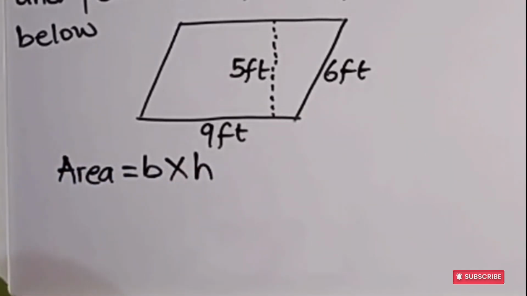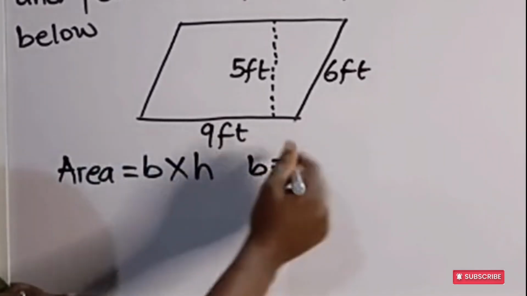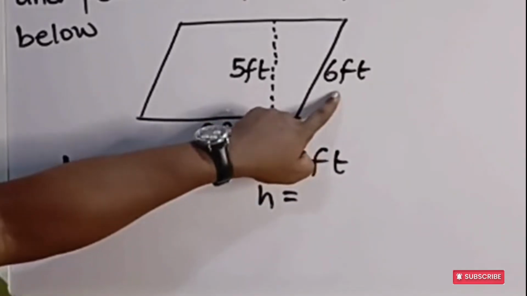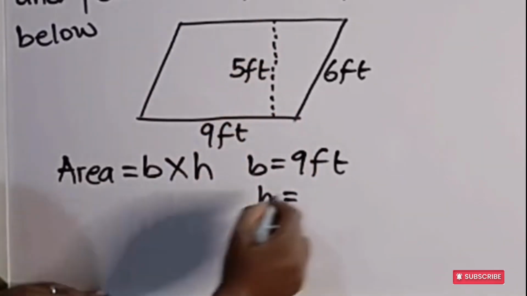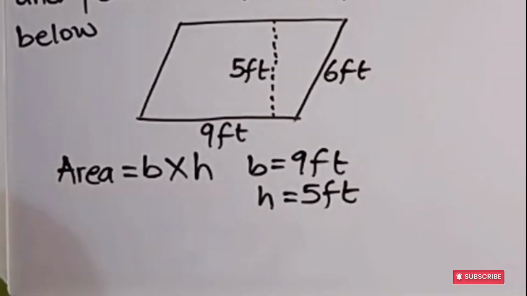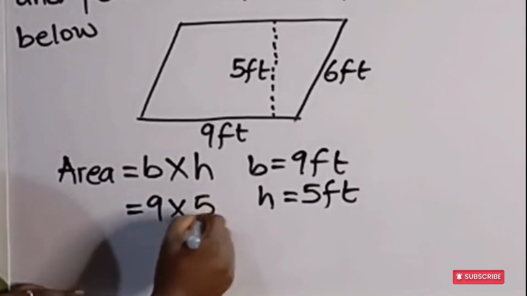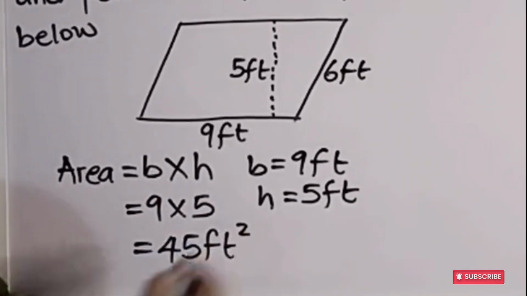Our base is equal to 9 feet. The height is equal to, if you use this, you're wrong, because this is not the height we are looking at. Our h is the vertical height, so we are using 5 feet. Now let's fix them in. We have 9 multiplied by 5, and that gives us 45 square feet. So that is the area of the parallelogram.